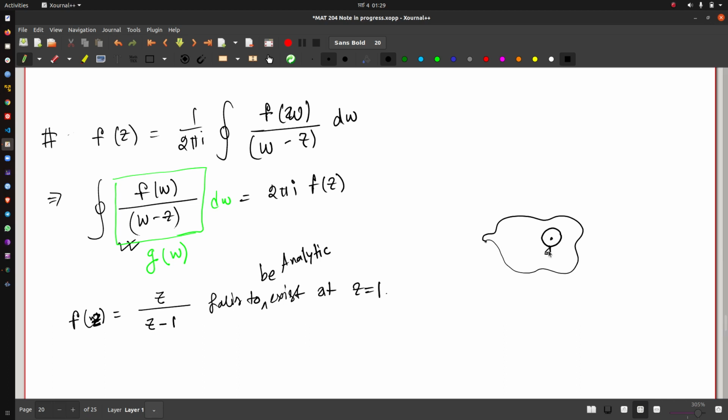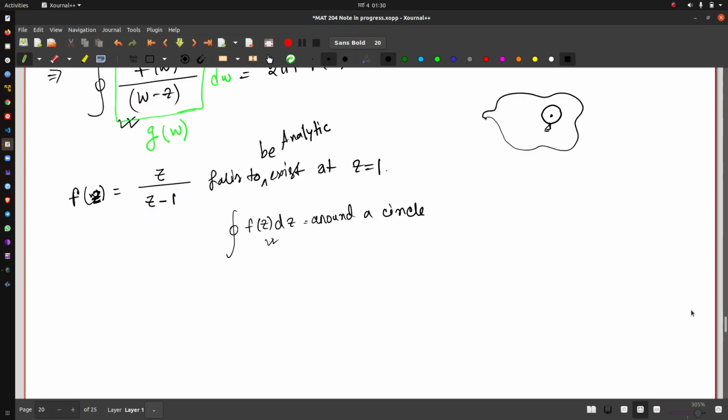Okay, so if I tell you to integrate this function f of z dz around a circle, obviously I don't have to tell you that around a circle. I can just tell you to take any arbitrary contour that only includes this one singular point, and evaluate this integral.